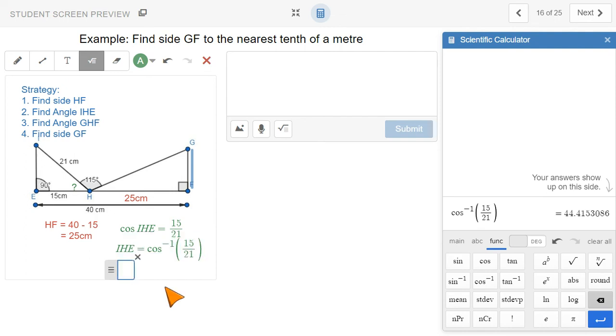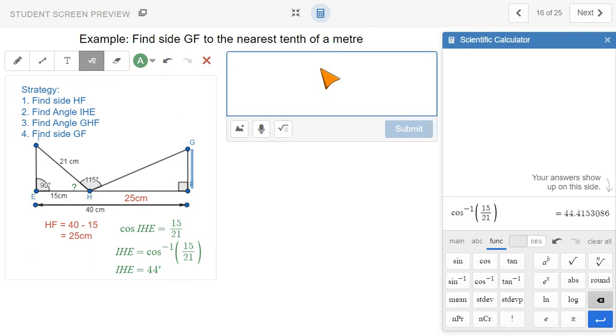And we have IHE is equal to 44 degrees. So we've done the first two steps. Step 3 now.